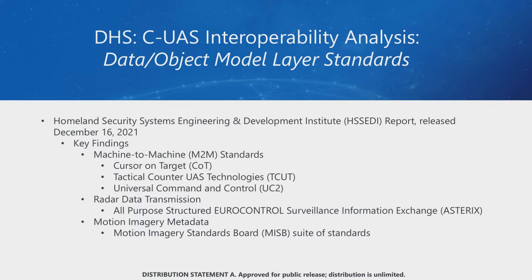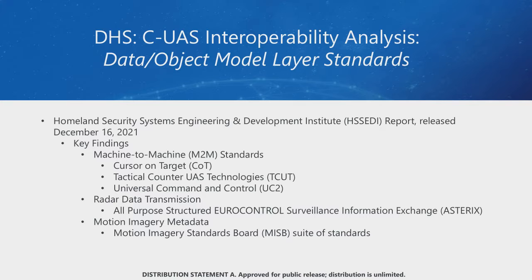So DHS is working on coming up with some standards for drone interoperability, and this comes from a counter UAS interoperability analysis data object model layer standards document that the Homeland Security Systems Engineering and Development Institute produced. That is an FFRDC, which is operated by the Department of Homeland Security.